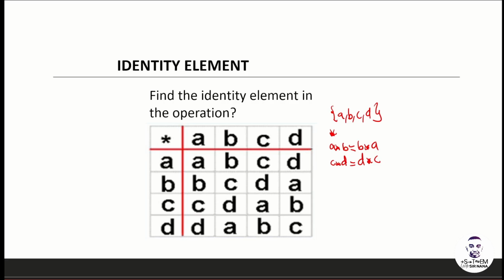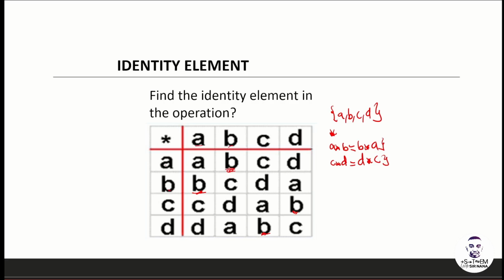So A operation B gives us B. So A operation B is equal to B. And then B operation A also gives us B. So it means that this is commutative. And then we have C operation D, it gives us B. And then D operation C as well gives us B. So it means that we have a commutative operation here. So it means that identity elements can be checked.